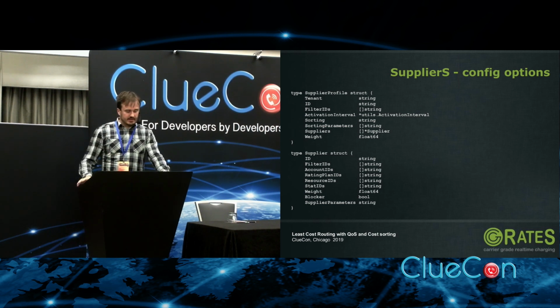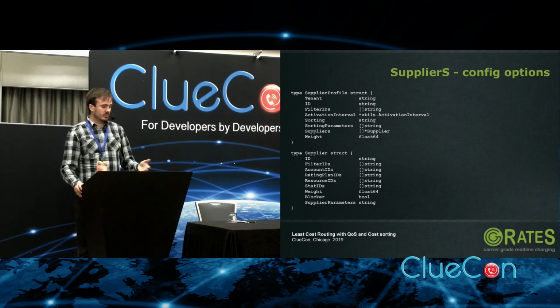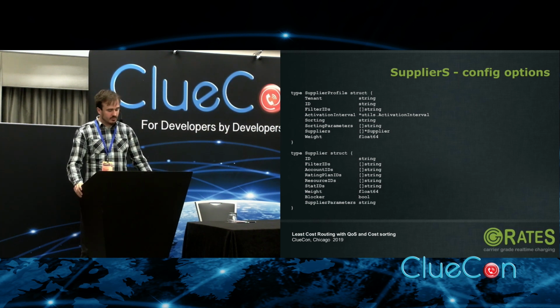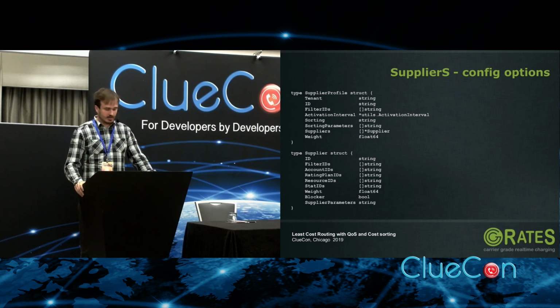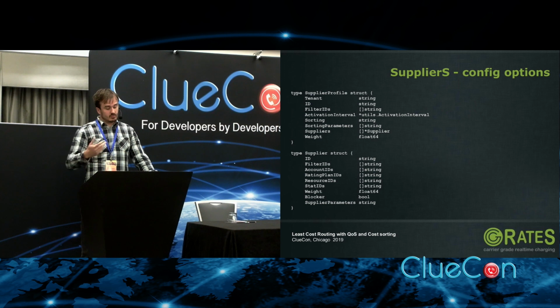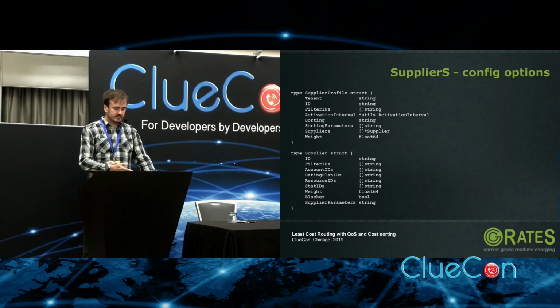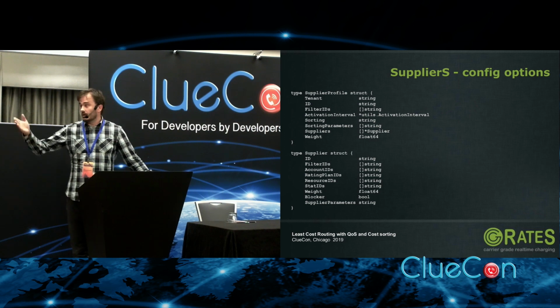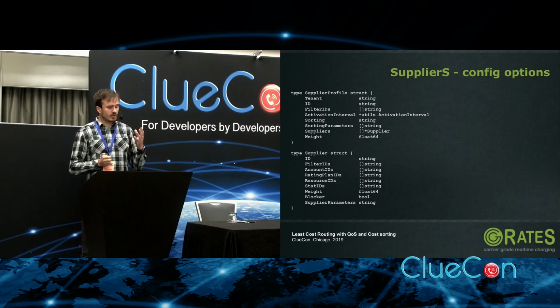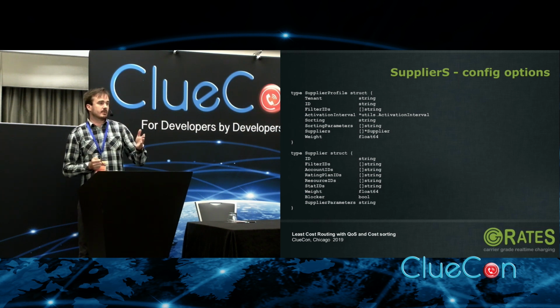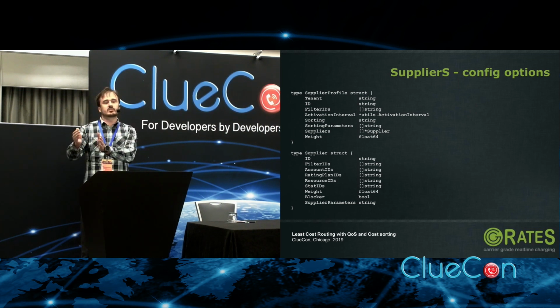Account IDs if we use bundles, rating plan IDs if we have strategy which requires rating plans computation, resource IDs for checking active channels and stuff like that, stats ID for checking ASR, ACD and quality, weight if we need to prioritize based on weight, and some other supplier parameters.